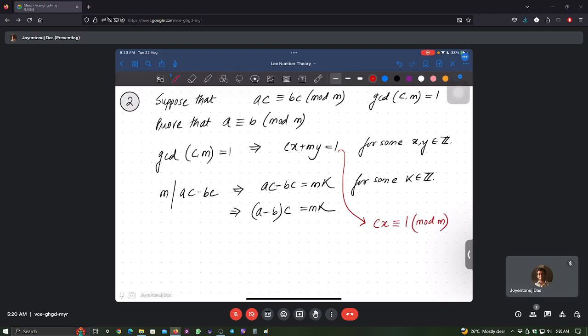If I take modulo M of the equation, you apply it to each member. CX plus MY, when I apply modulo M, the MY becomes 0 because it is divisible by M, so only CX is left and 1 is left. So CX is congruent to 1 mod M.